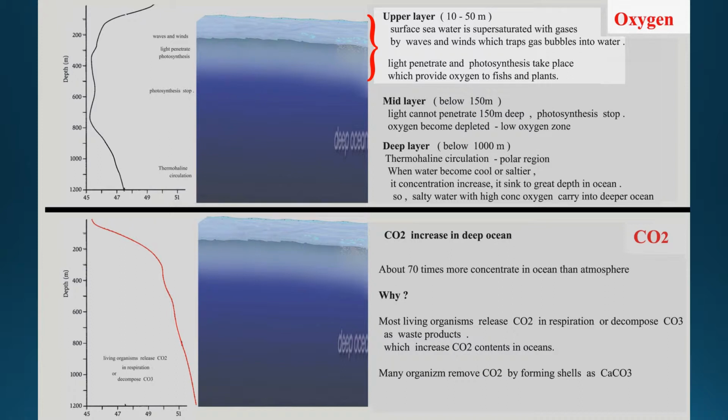Second, the light can penetrate, so photosynthesis can take place, which provides oxygen to the fish and plants. But when you go onto the deeper layer, there is no more photosynthesis. So photosynthesis stops, and oxygen will deplete. In this zone, oxygen will decrease and get less and less.